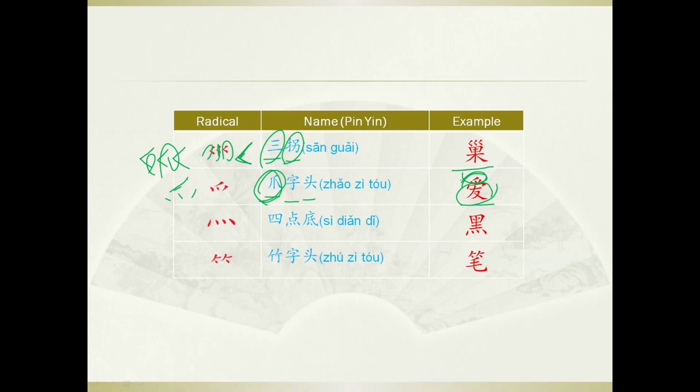Next, 4点底, 4 dot bottom. You can tell that this radical usually sits at the bottom of a word. We write these 4 dots evenly and horizontally. We usually write the 2 side dots bigger than the middle ones.